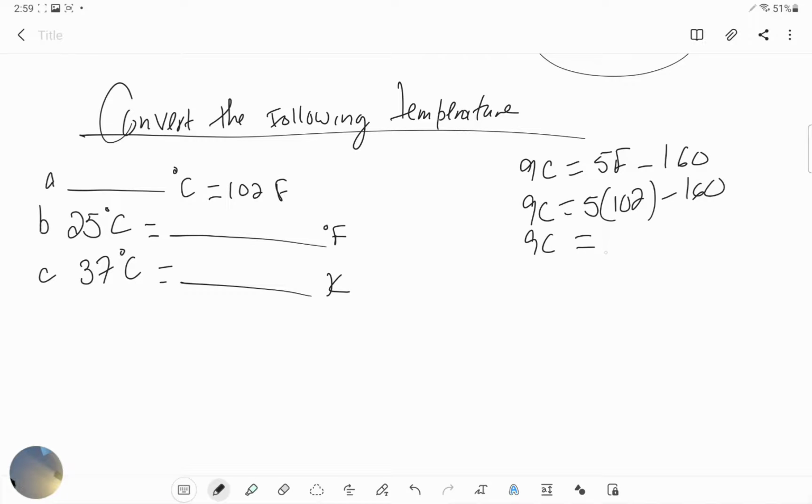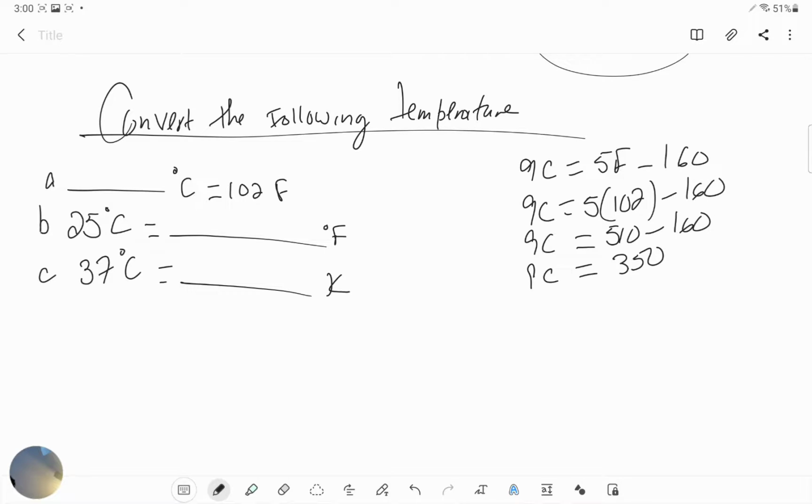I just don't like to use a calculator. 5 times 102 is 510, minus 160. 510 minus 160 gives you 350.